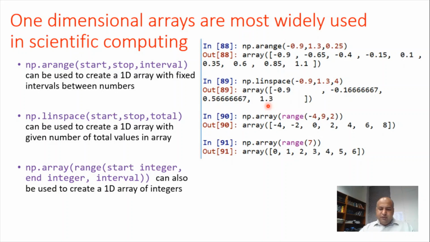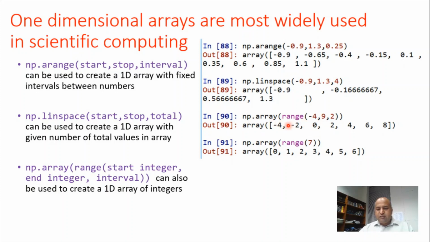It computes the interval automatically, starting from the initial point and ending at the final point. There is another way of creating a 1D array if you are only interested in integers, and that is through range. We know that range creates a list of numbers from a starting point to an ending point with a specified interval, for example 2. If we put this in np.array, it's like casting this one-dimensional list into a one-dimensional array.